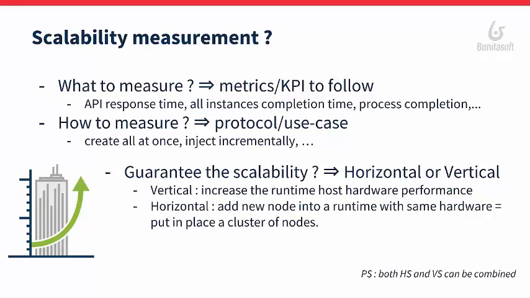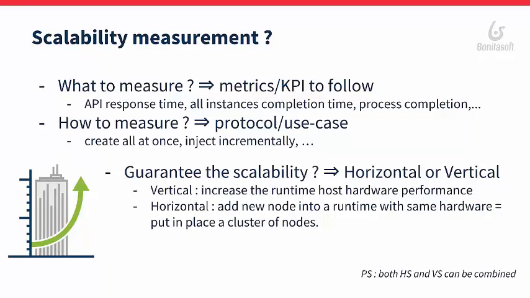If you spread the process creation over a large period of time, you might see really different results, because the platform will not be dealing with a peak at the start and might be more performant overall in executing all the process instances, compared to dealing with a huge load increase over a very short period. So the protocol is important. You don't measure the same thing.